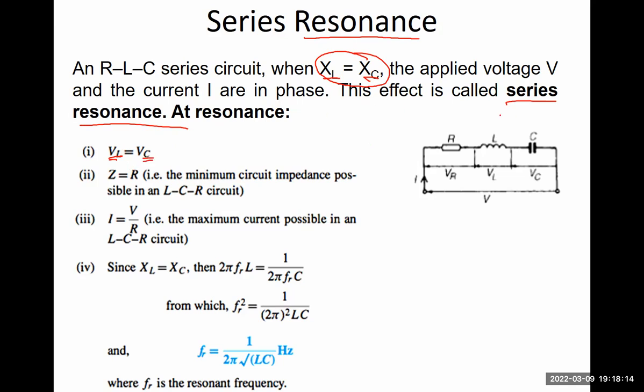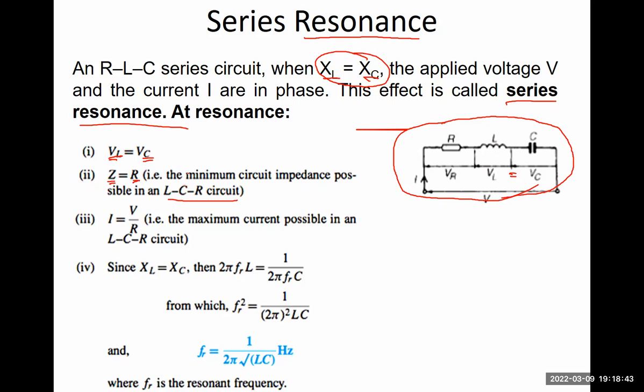Ito yung circuit natin for a series resonance, wherein VL is equal to VC. And then your impedance Z is equal to the resistance R, and that is the minimum circuit impedance possible in an LCR circuit or RLC circuit.